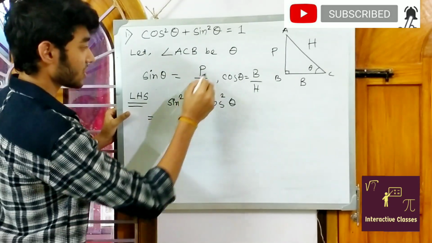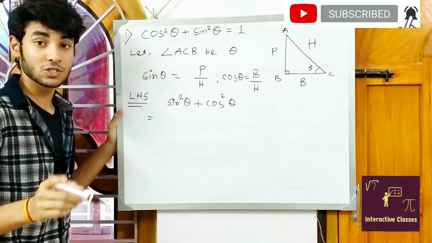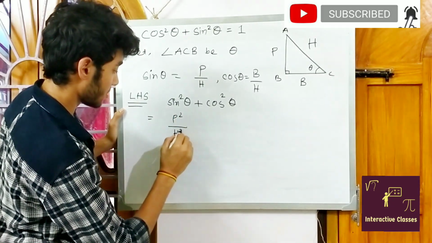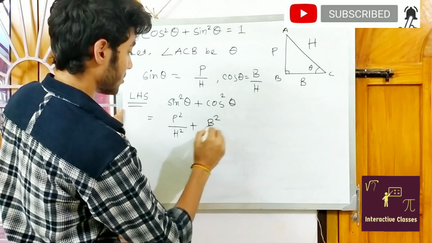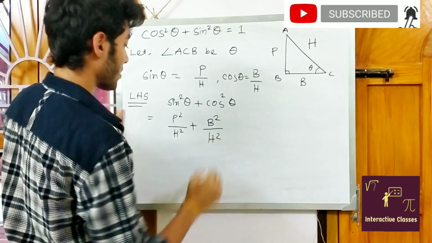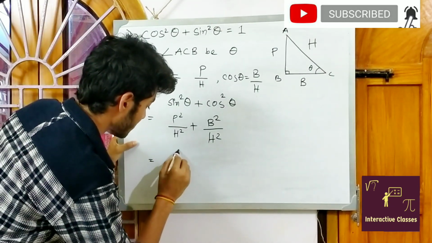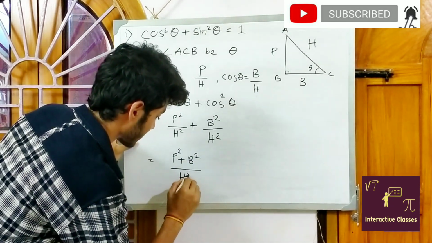Now sin square theta is P square by H square. Similarly, cos square theta is B square by H square. So by adding we get P square plus B square by H square.